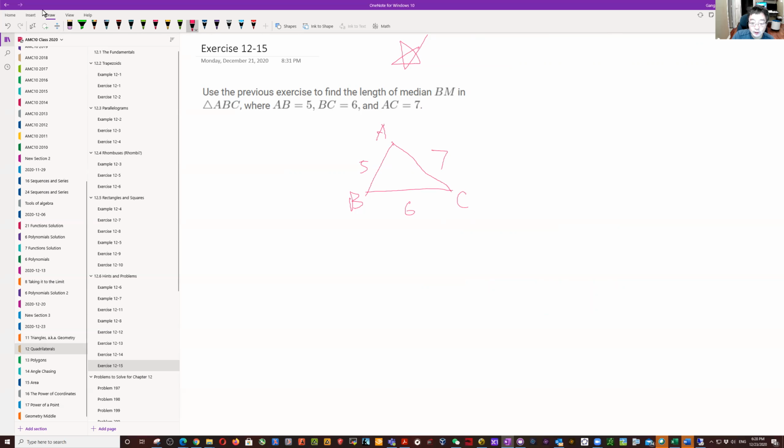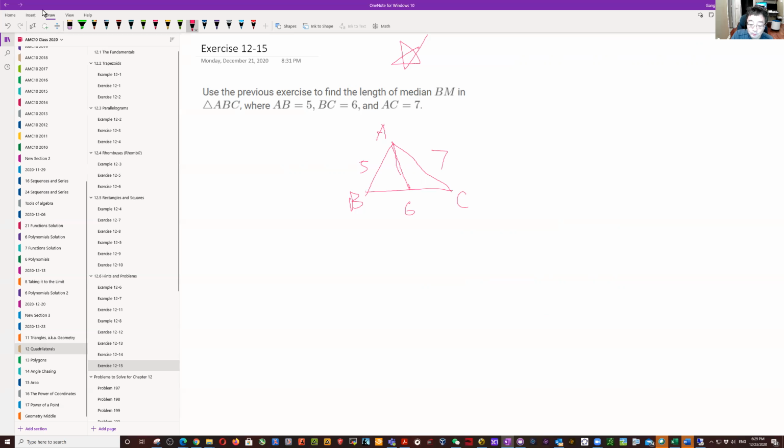And the median is the line connecting to the middle point. So how do I find the length of the median? That looks really daunting, but it's actually not very daunting.